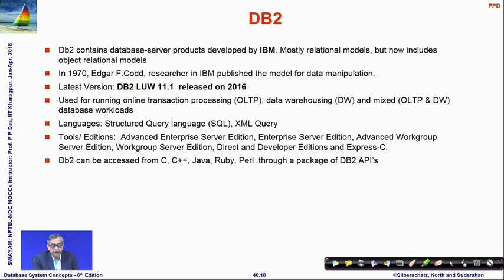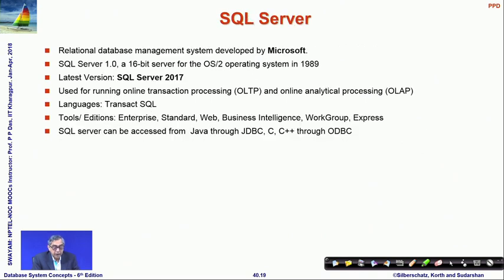DB2 is also a very old, possibly the oldest surviving database system, which started in 1970, when Codd, of the Boyce-Codd normal form, published the data manipulation schemes from IBM. This is also very widely used, with the last release in 2016.